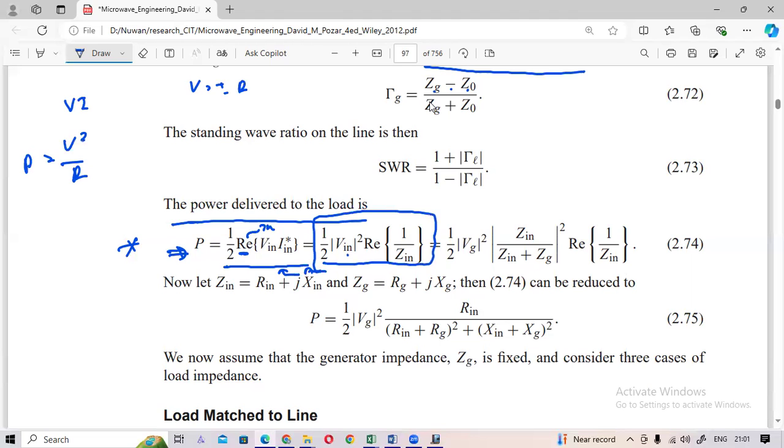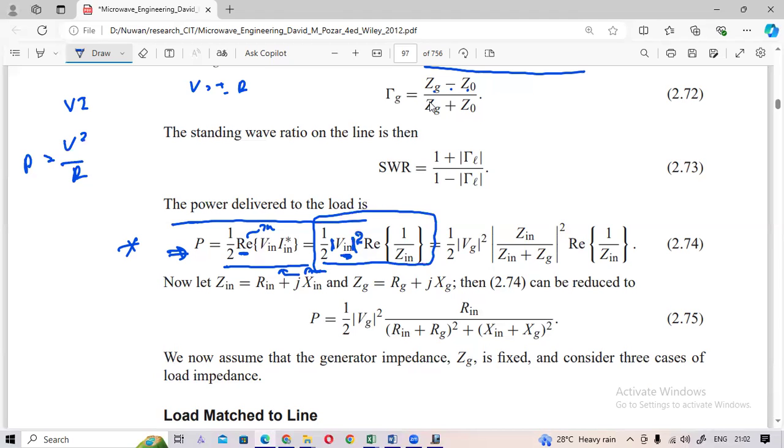V in squared divided by Z in. Here it gives the magnitude of the power, so it will be the real part. And here Z in means the input impedance, sorry, not the load. So you have to take the real part because you are considering the real power, that is the actual power.